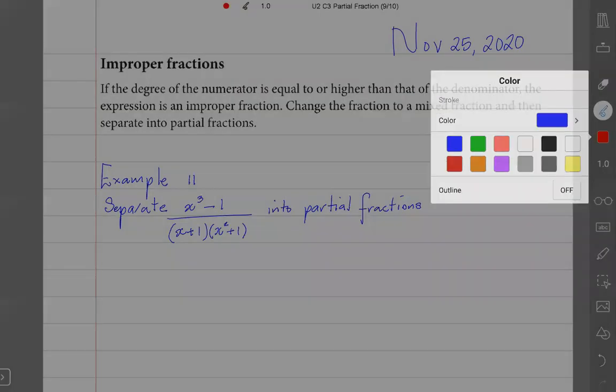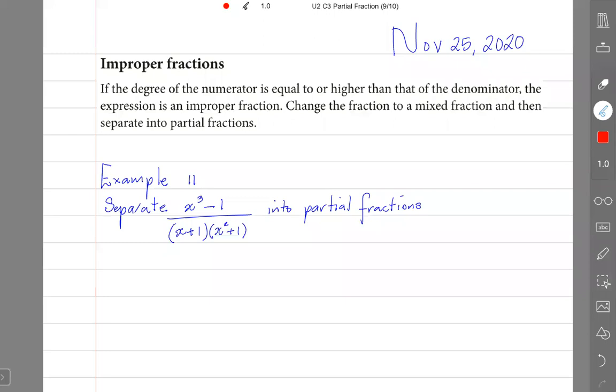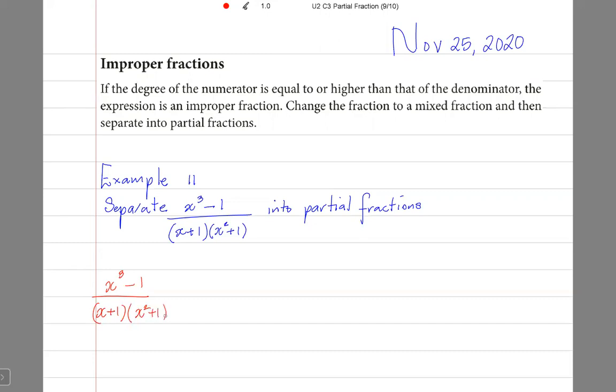All right, so the first thing I'm going to show you is why, in example 11, the fraction that we have is an improper fraction. First of all, we have x cubed minus 1, over x plus 1 into x squared plus 1. The first thing I'm going to do is expand the denominator.